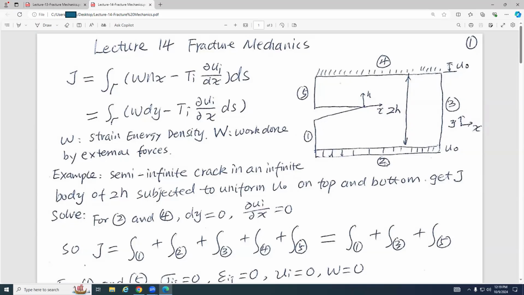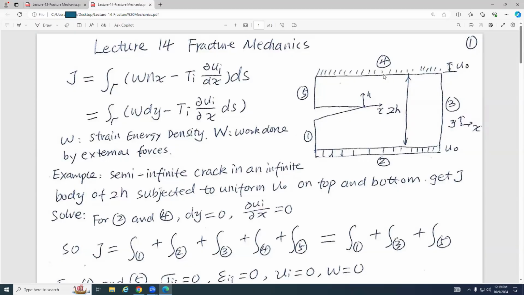For the second segment and the fourth segment, we know that, so this is X, this is Y, for both of these two, dy equals 0. Y does not change.